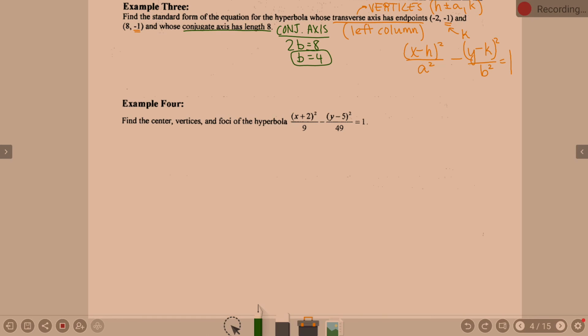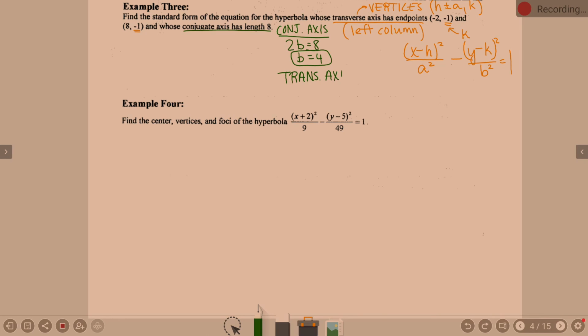But what you can notice is the transverse axis endpoints. One vertex is at -2. The other vertex is at 8. How far apart are -2 and 8? They are 10 apart, which means my transverse axis has a distance of 10.